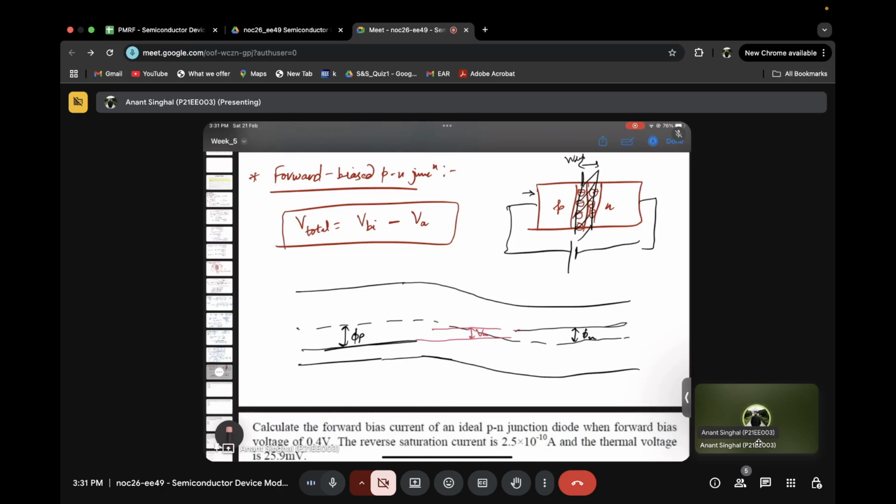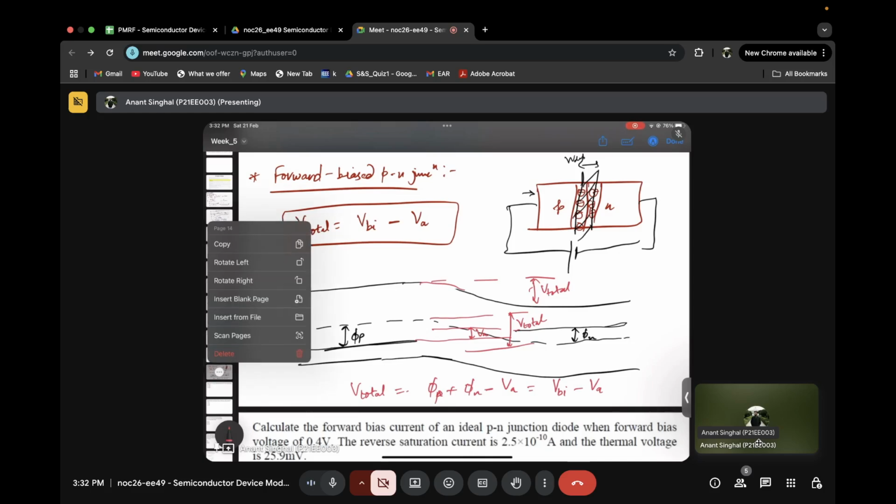And now your actual V total is this. And your V total is this also. So now what we can clearly see is that the V total is nothing but phi P plus phi N minus VA. That means VBI minus VA. Is this thing clear? Okay.